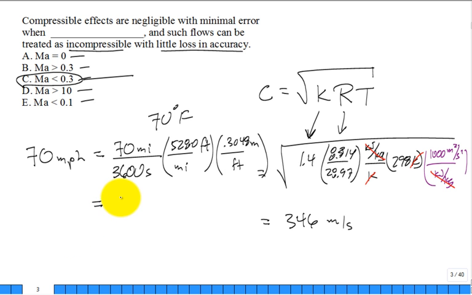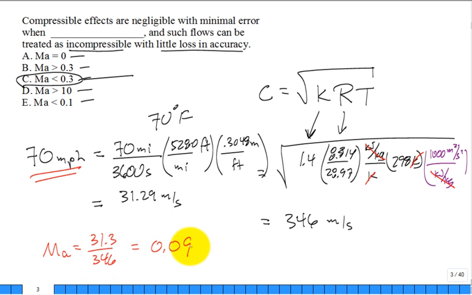You've got to give it a little louder. Meters per second. So you are really ripping down the road. You can stick your hand out the window and feel the effects of the air on your hand at 70 miles per hour. What is your Mach number? It is 31.3 divided by 346.